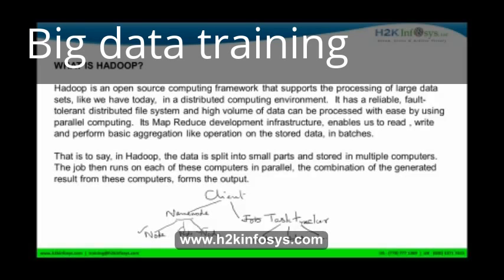Because remember, the job is also distributed in Hadoop. Not only is the data distributed, the job is also distributed in Hadoop. And that is taken care of by the job tracker, and it has multiple nodes underneath it. This one is the job tracker, and these are the task trackers.